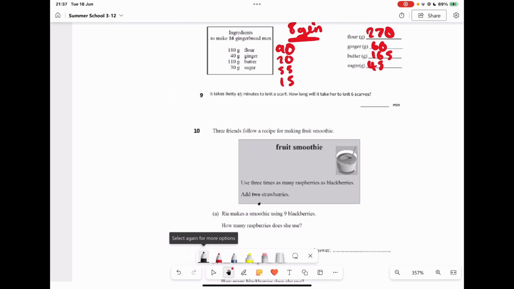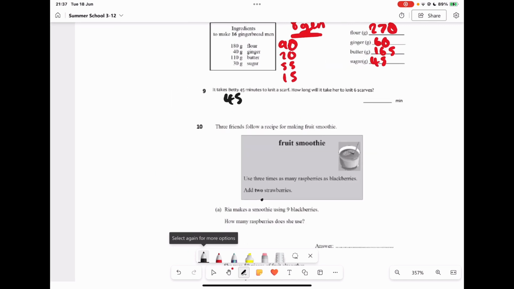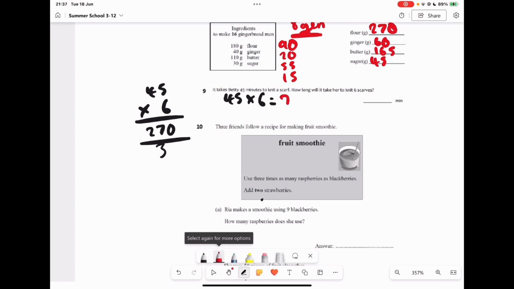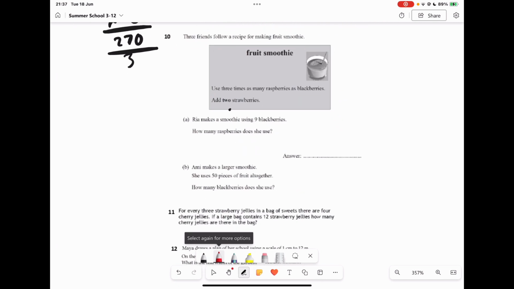So 45 times 6, we can do this on the column method. 5 times 6 is 30, and then 4 times 6 is 24, plus 3 is 27. So the answer is 270 minutes.